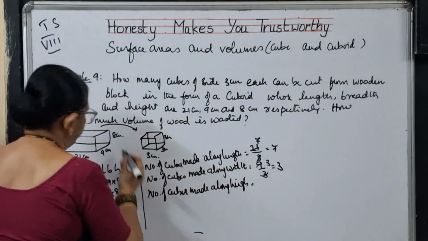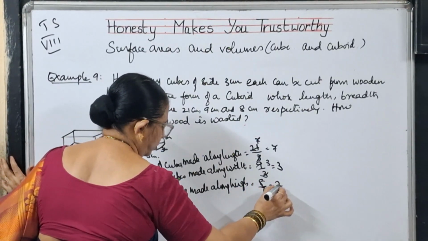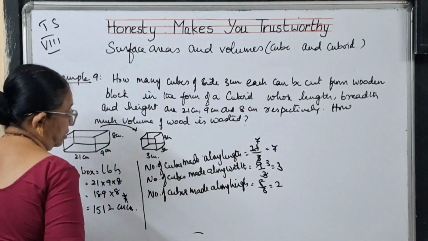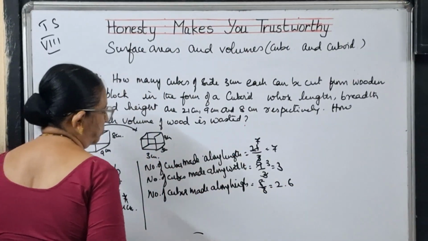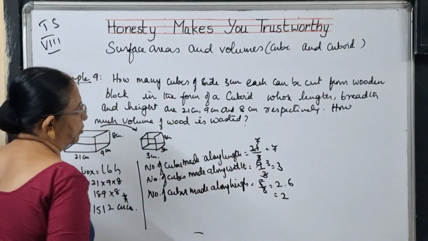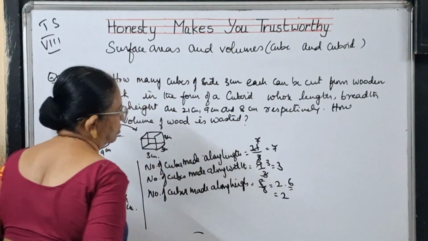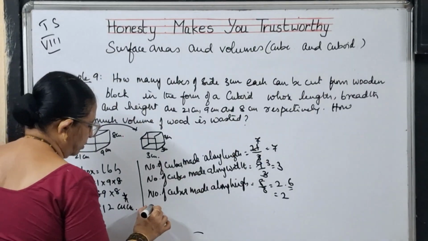Height is 8. 8 by 3, that means 3 twos are 6, so you will be getting 2.6. That means you can take 2. This 0.6 is the wastage.